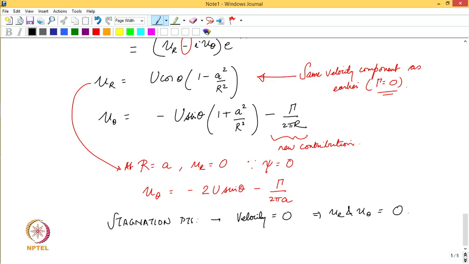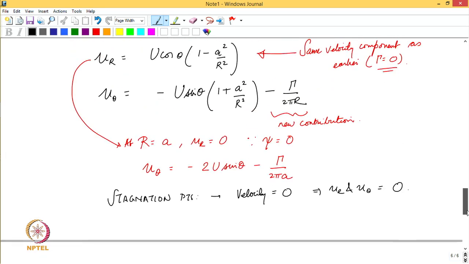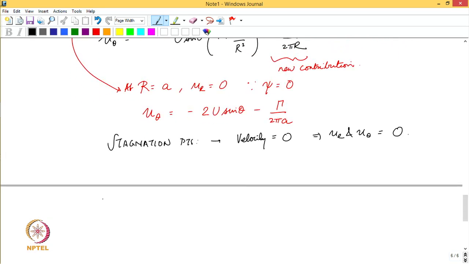All right. Now, we have seen that u r is 0 at r equal to a, so it becomes logical to think about whether u theta can also be 0 at r equal to a. Right. So, let us consider this situation where we try and identify if u theta can be 0, let us say, on r equal to a.